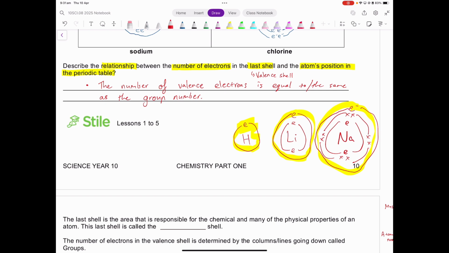So, in group 8, the noble gases, what number is group 8? 8, okay. Helium, how many electrons does it have in its outermost shell? 2, because it only has 2 electrons. So the only exception to this rule is helium, because it's in group 8, but it only has 2 valence electrons, 2 electrons in its outermost shell. Okay, that's the only exception.